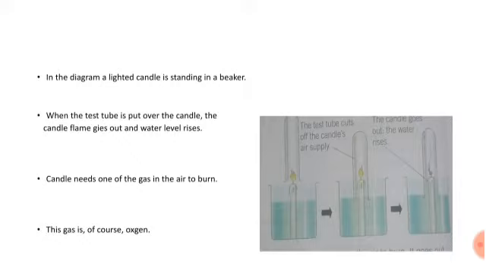Students, you can easily see that in the picture 3 different beakers with standing candles and test tubes are present. When a test tube is put over the candle, the flame goes out and the water level rises inside the test tube.